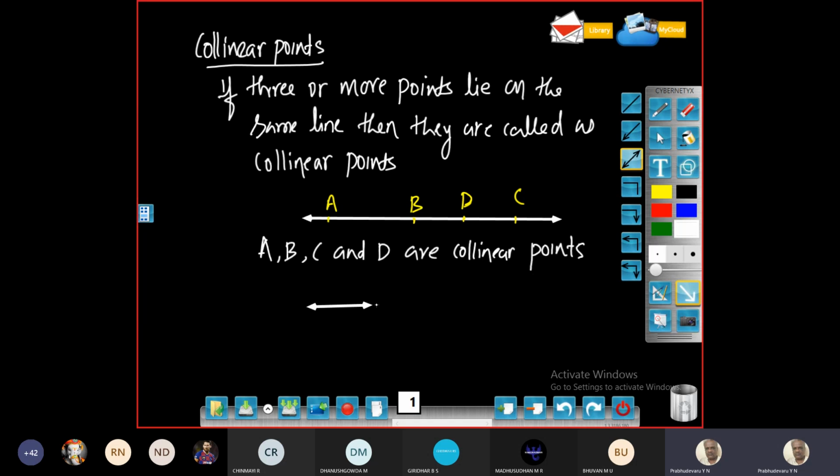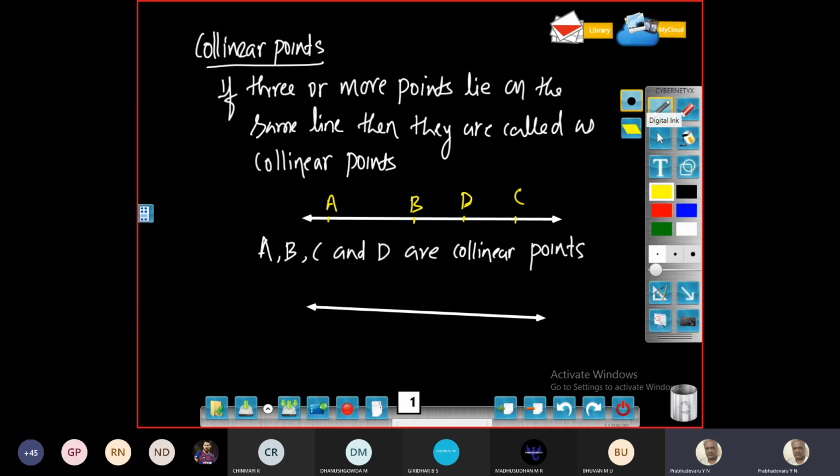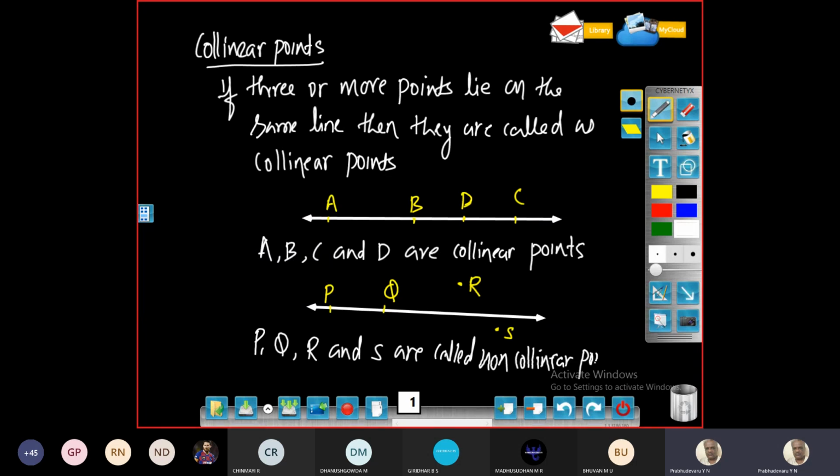So now another diagram I will write. This is a line. On this I am going to represent the points P, Q, R, and S. Here P, Q, R and S are called non-collinear points.